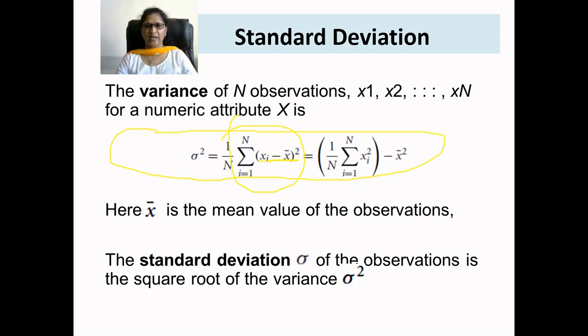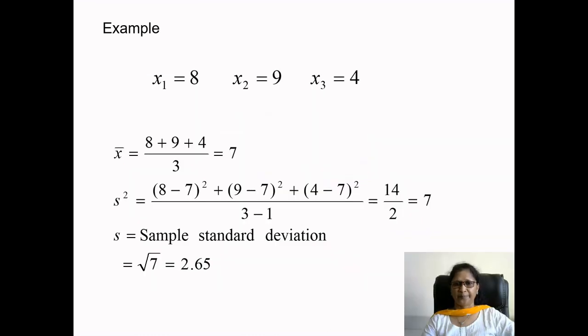Here x bar is the mean of these observations, which is a sample mean. When we use mu, then it is a population mean. And standard deviation sigma is the square root of variance, that is sigma square.